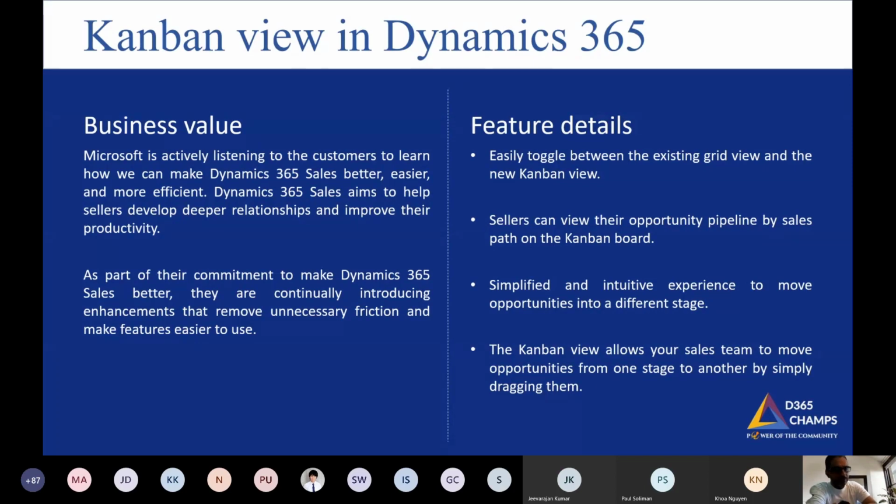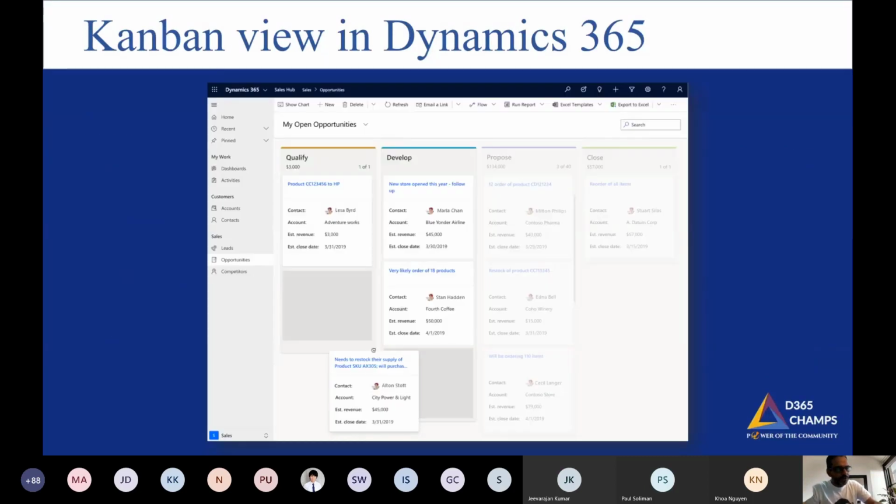It can help sellers view their opportunity pipeline by sales path in different swim lanes, columns by status and by opportunity stages. It is a simplified and intuitive experience to move opportunities into different stages, with drag and drop functionality to move your opportunities through various life cycle stages. The Kanban view also allows your team to move opportunities from one stage to another by simply dragging them.